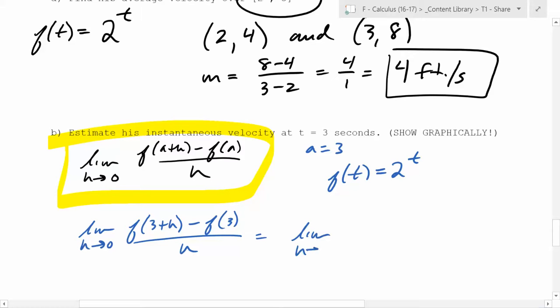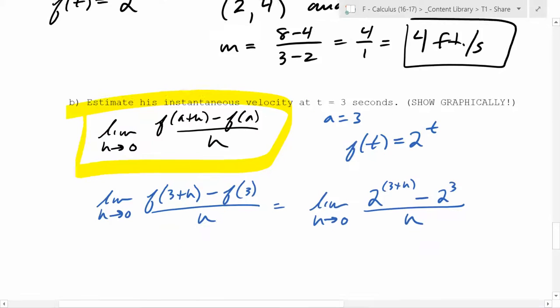The t, exactly. So it's going to be 2 to the 3 plus h minus 2 to the third, all over h. Pause here and see if you understand.